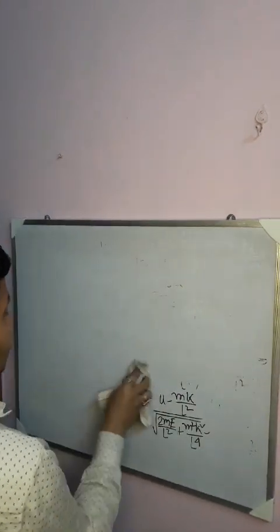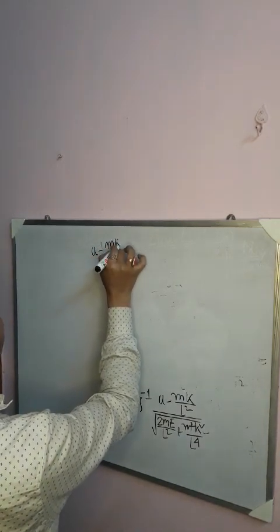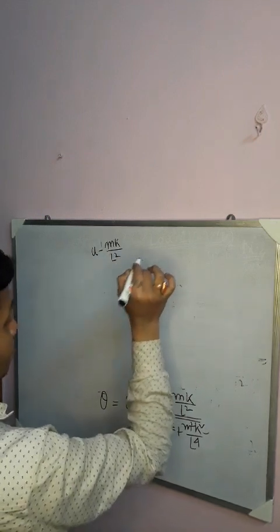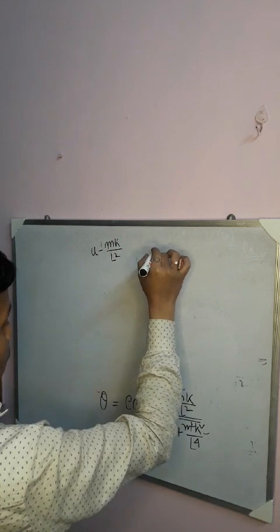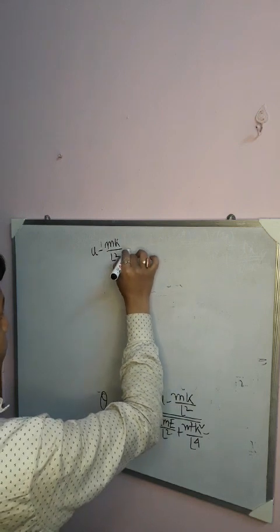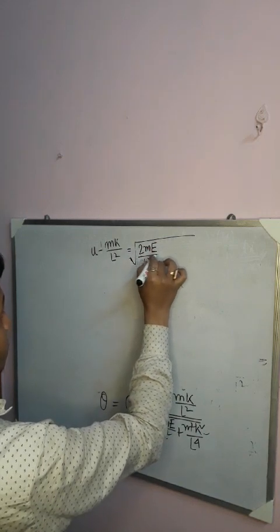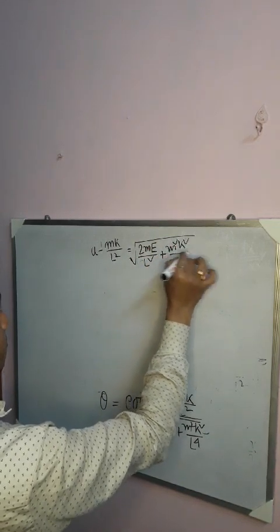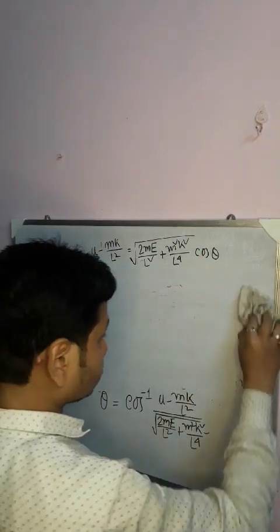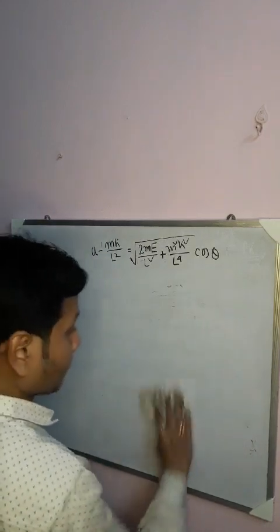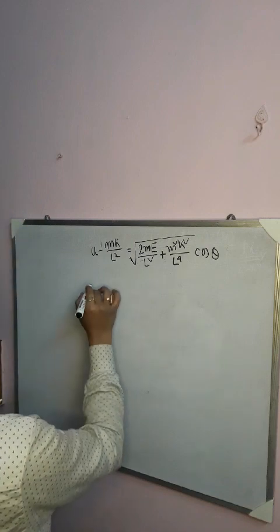Now if we simplify it, we get u minus mk by l square equal to the square root of 2me by l square plus m square k square by l to the power 4, times cos theta. So what will be my u?